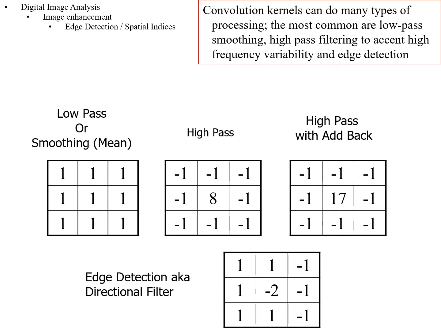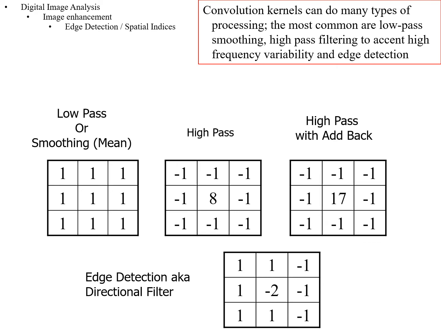Then we have a high pass filter in the middle. A high pass filter passes high frequency spatial variation. If you imagine an image sample that's 3 by 3 as well, and all the values in the image are 1, then if we apply the high pass, the sum of the pixel values is going to be the same as the kernel.